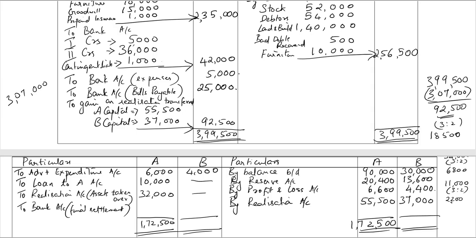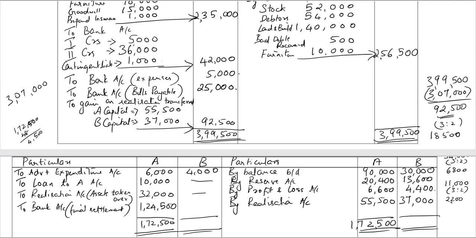The total of the debit side comes to 48,000 rupees. So it's 1,72,500 minus 48,000. Comes up to 1,24,500 rupees balancing figure.